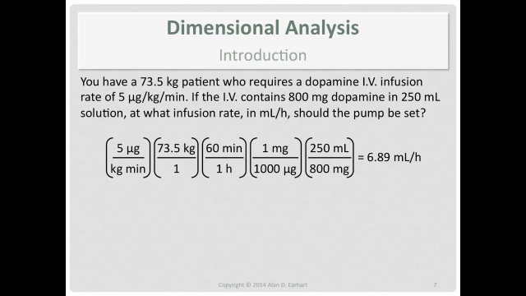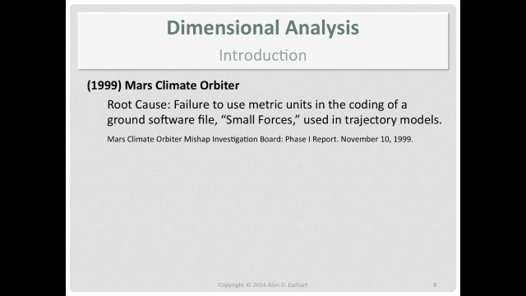How about a few cases of not paying attention to units? 1999, the Mars Climate Orbiter. It started a program to insert it into an orbit around Mars, and the instructions caused it to do an orbital insertion that took it too close to the planet, and it disintegrated while it entered the upper atmosphere.